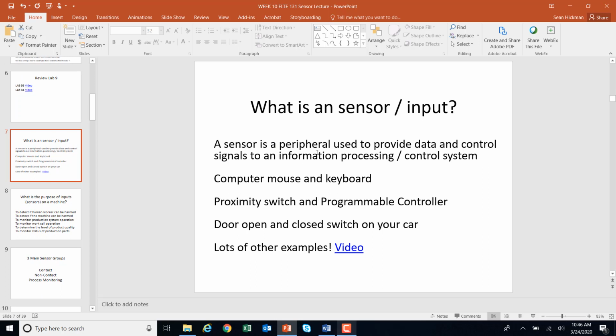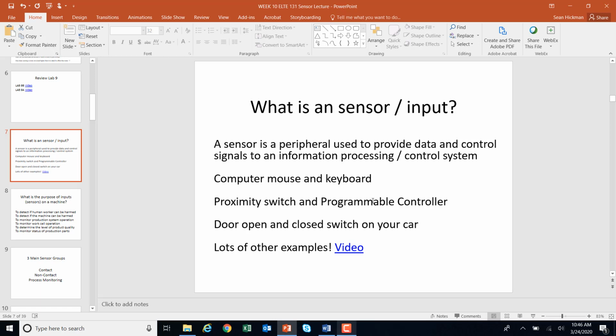So here we go. What is a sensor / input? Okay, so we're talking about sensors, and these are inputs to a system. It's a peripheral used to provide data and control signals to an information processing or control system. So the simplest would be, I guess, your computer mouse and keyboard. That provides input to your computer.